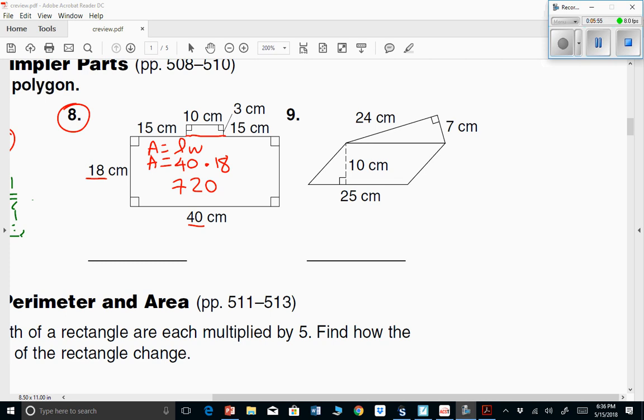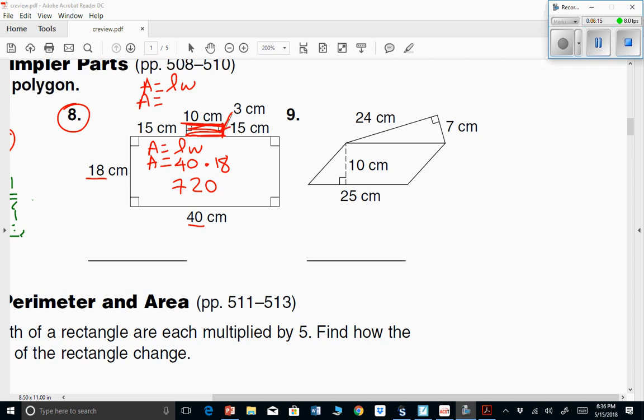Now we have to deal with this little rectangle. It's still area equals length times width, and we've got 10 here, and we've got 3 here. See how they're telling us right there that that's 3.